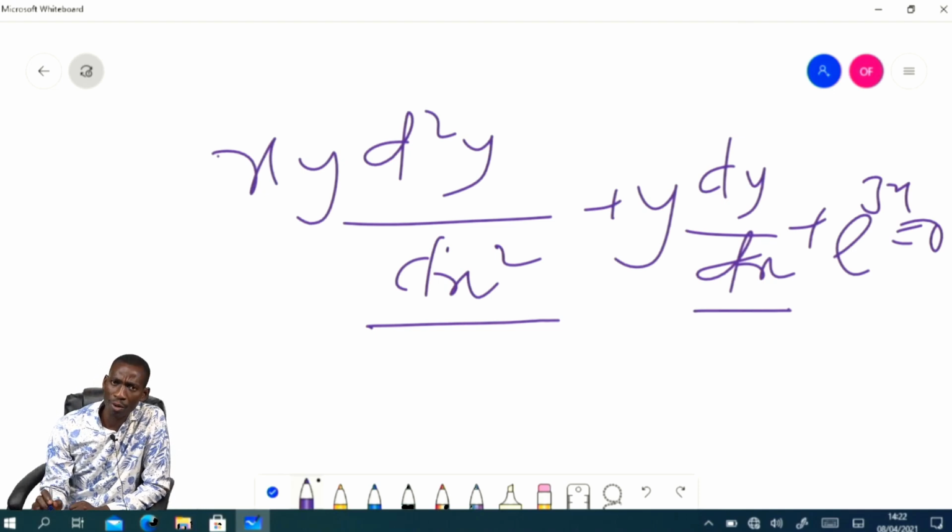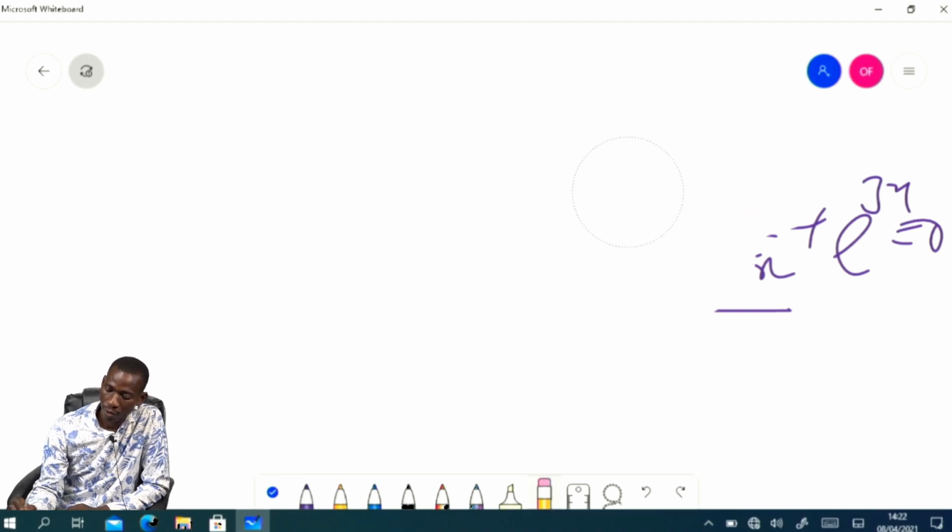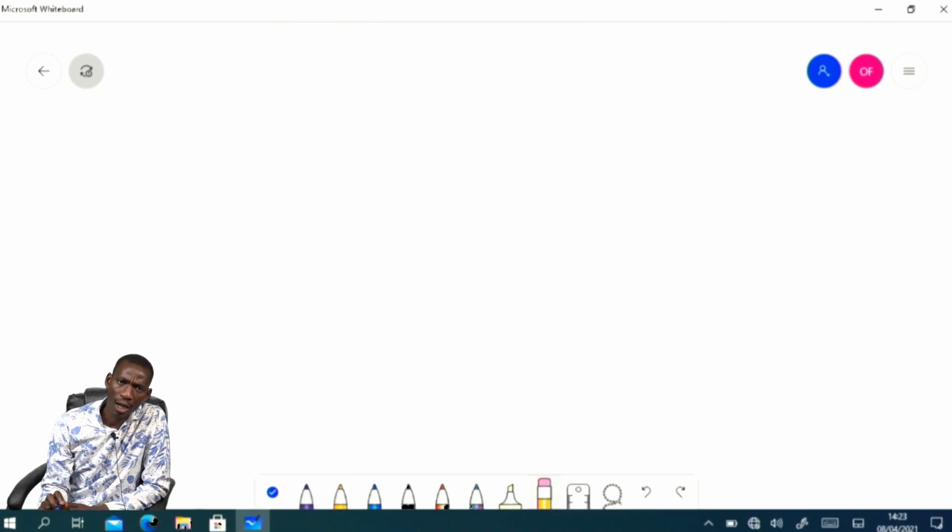Now, before we move ahead, let's define some other terminologies that we are going to be using in this course. We have the order of a differential equation. What do we mean by order? The order of an ODE is the highest derivative involved in the differential equation. For example, the two examples we looked at earlier.